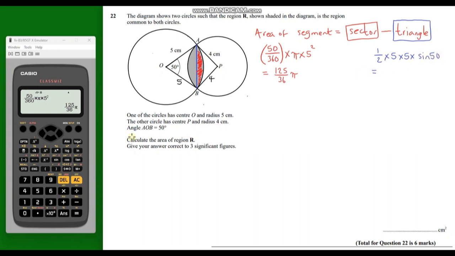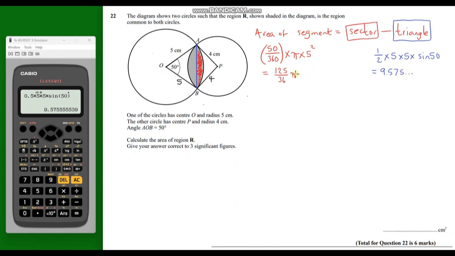So what does that give us? Let's type it all in: 0.5 times 5 times 5 times the sine of 50 degrees. Lots of 5s in there. And we get 9.575..., because that just keeps going on.